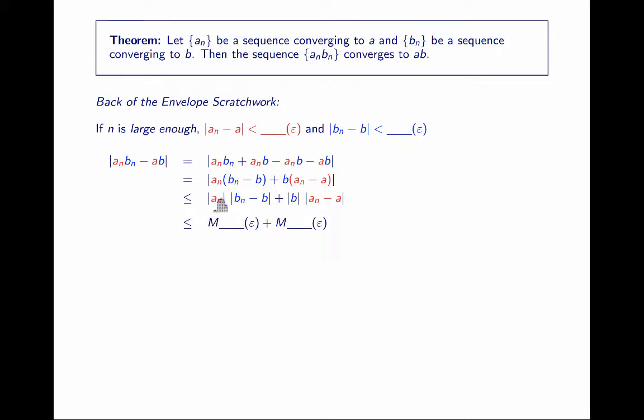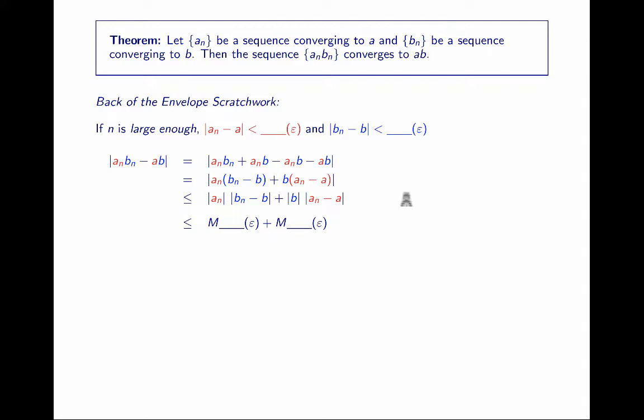Now a_n is an arbitrary element of a sequence where n is large enough. What exactly is large enough? Well, that's to be decided. We'll get formal about the details. But again, this is just some scratch work on the back of an envelope somewhere. The question is, can I bound this for all n? Is the set of sequence values bounded?